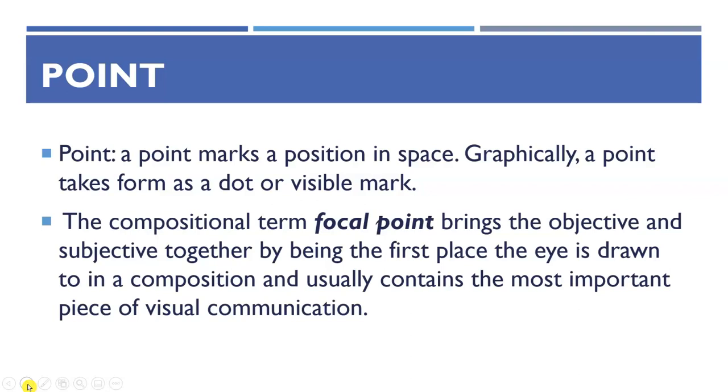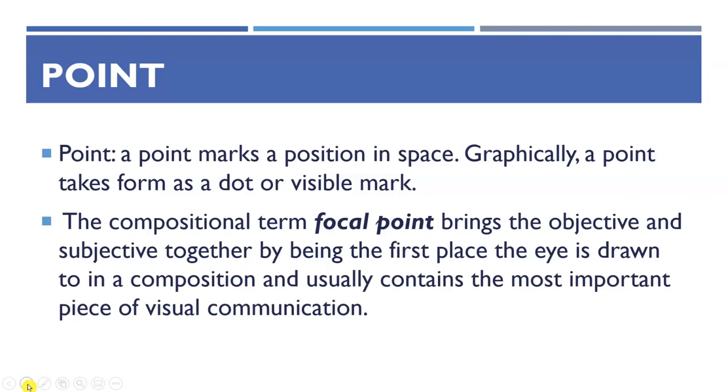Now, the compositional term focal point brings the objective and the subjective together by being the first place the eye is drawn to in a composition, and usually contains the most important piece of visual communication. So what does this mean? What does it mean to bring the objective and the subjective together?